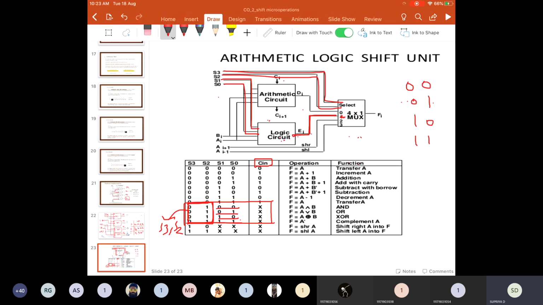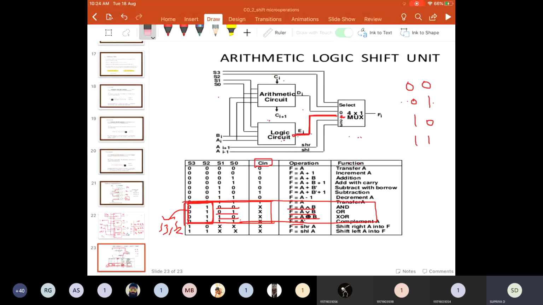So what operations are we performing? When it is 0 0 AND operation, when it is 0 1 OR operation, then XOR operation and complement operation. This we have discussed in the logical hardware implementation. So the output of the logical circuit is connected to one data input line of the multiplexer, which has the data select lines S3 and S2, and we are performing all the logical operations.